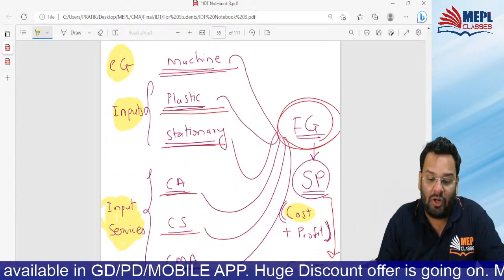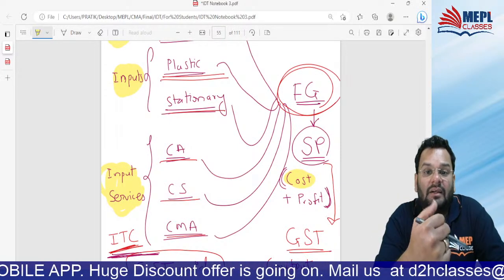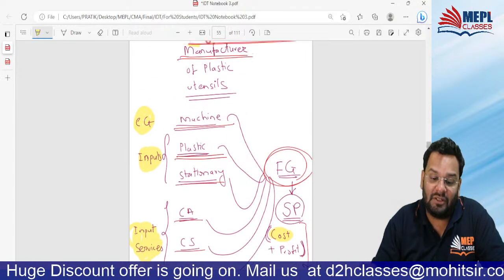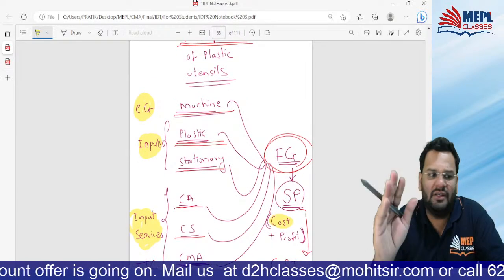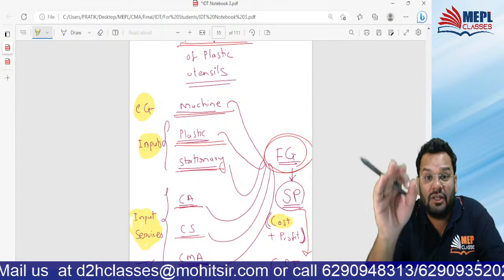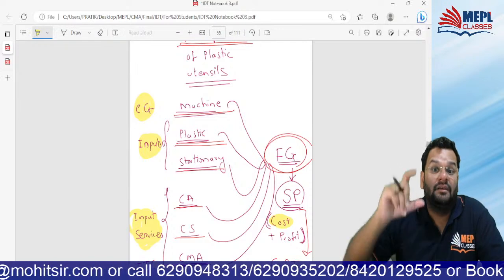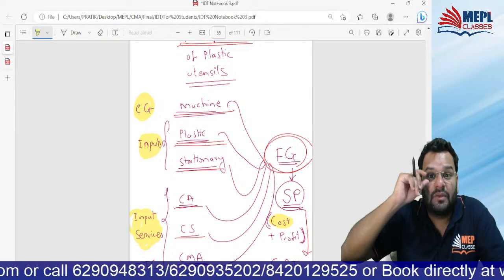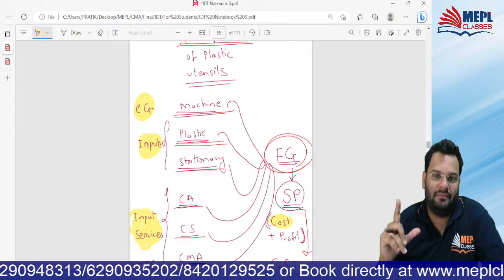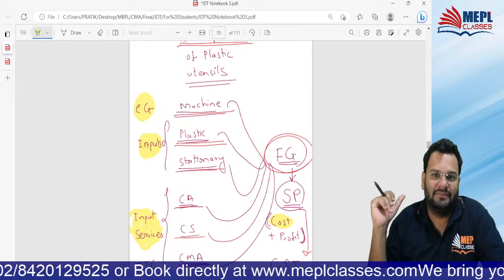Yes. What conditions are to be satisfied? Number one, whether it is capital goods, inputs, or input services, the manufacturer should be in possession of the invoice of that purchase. These goods or services should be actually received.